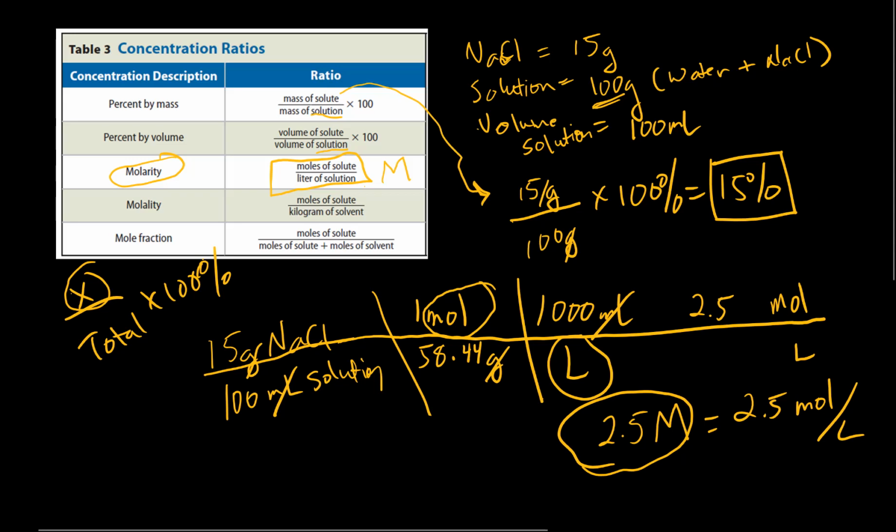Now I'm going to read you the last two here, and the name of this next one is extremely unfortunate, I would say. The next type of concentration is called molality. Why on earth, whoever came up with these names in chemistry, I'm not sure who it was, why on earth they came up with one called molarity and one called molality, I have no idea.